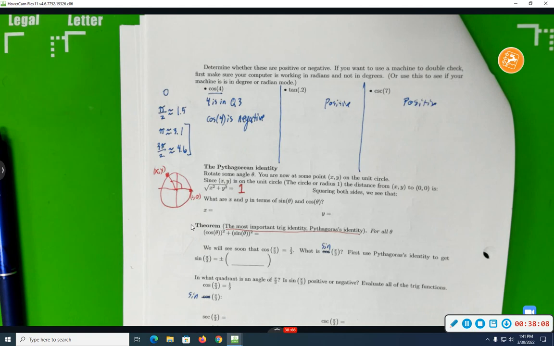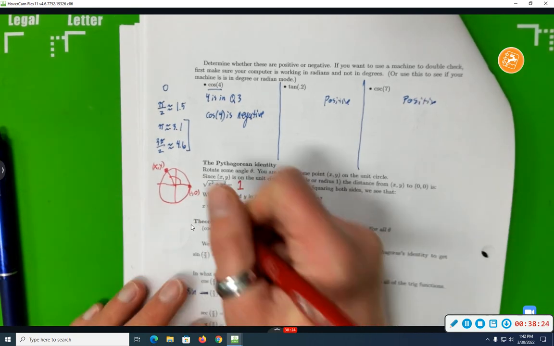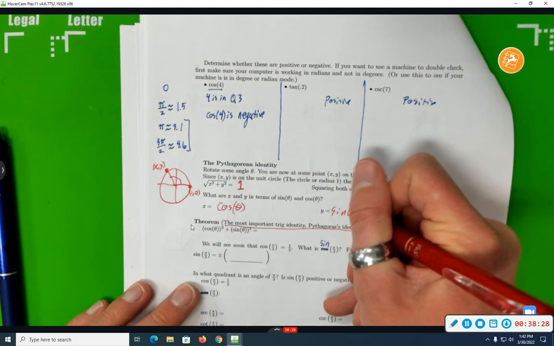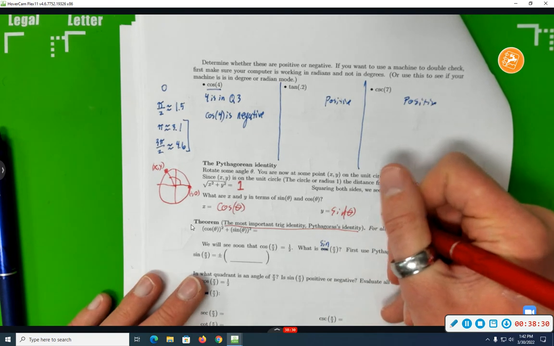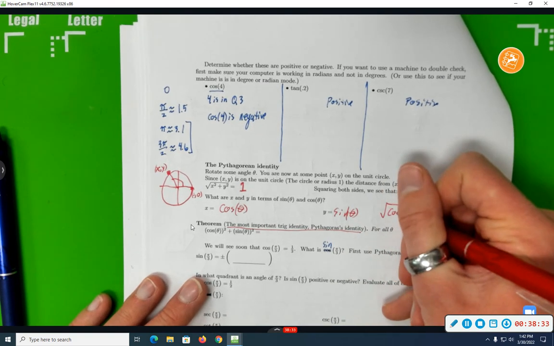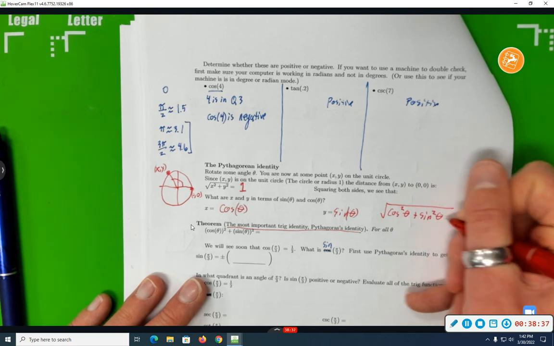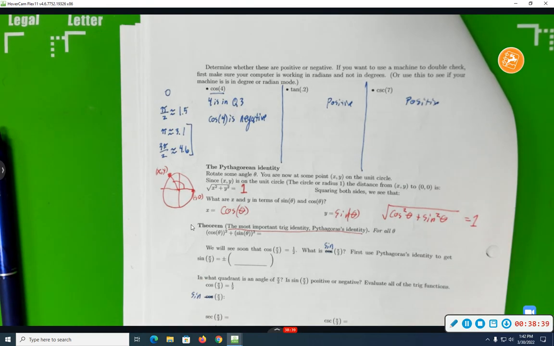But now let's translate back a little bit. In terms of trig functions, what is x equal to? Cosine. What's y equal to? Sine. So that tells me that the square root of cosine squared theta plus sine squared theta is always equal to 1.